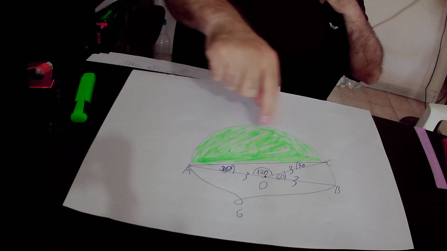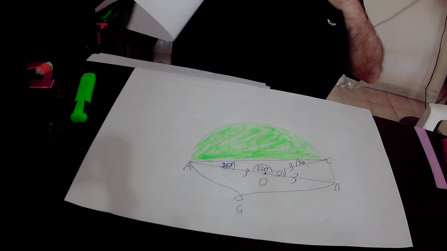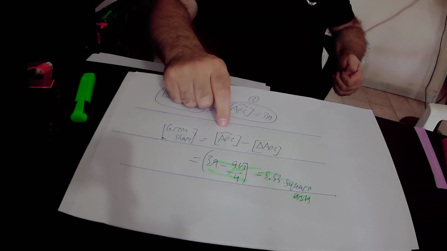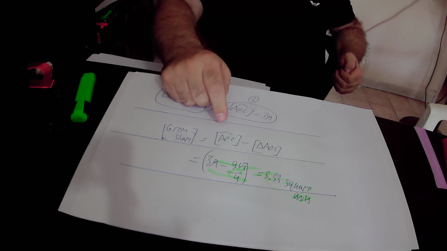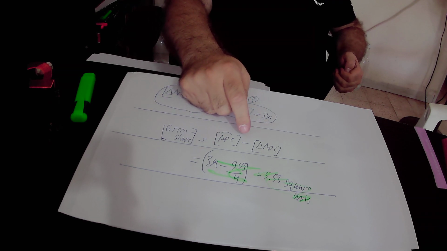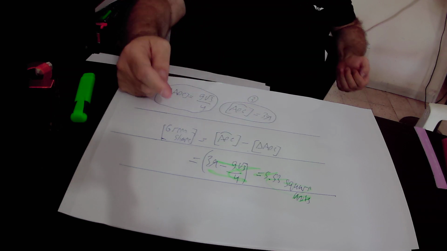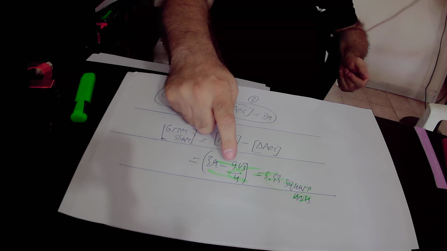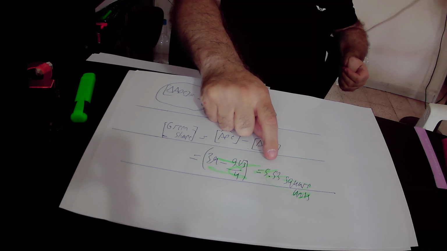We already found that the area of sector AOC equals 3 pi square units, and the area of triangle AOC equals 9 times root of 3 over 4 square units. So in conclusion, the area of the green shape equals 3 pi minus 9 times root of 3 over 4 square units. In terms of numbers, it is equal to 5.53 square units.